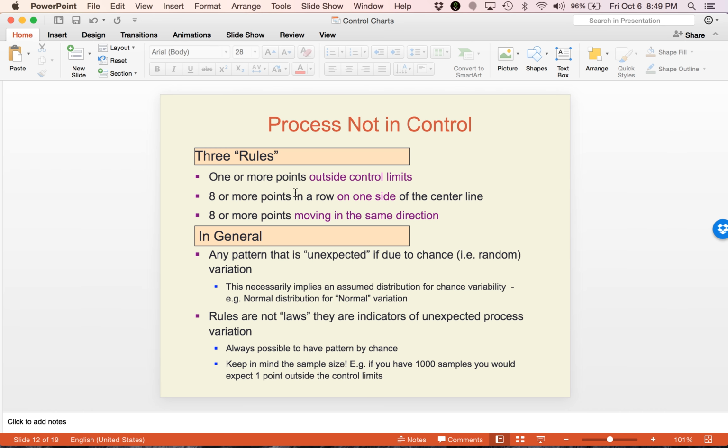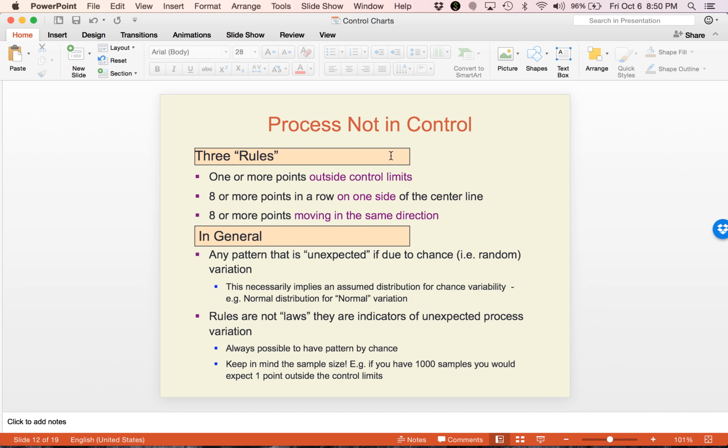If you look at 8 or more points in a row on one side of the center line, or the mean line, that also might be considered abnormal variation. That pattern would not be expected if data was normally varying. Similarly, 8 or more points moving in the same direction, either all up or all down, also is unexpected.